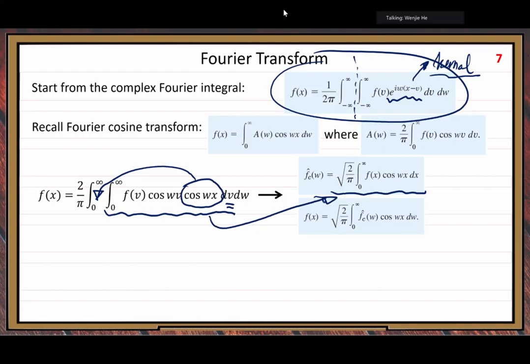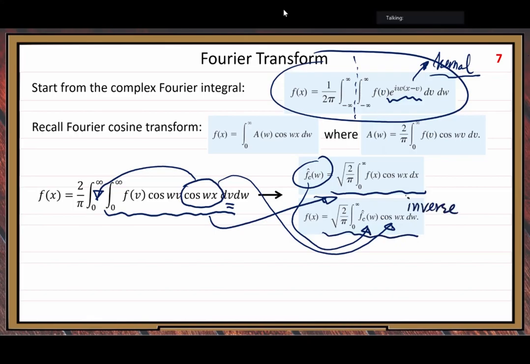Then the outer integral. Because we moved this cosine term out of the inner integral, it remains in the outer integral. That part, the outer integral, is used as the inverse Fourier cosine transform.